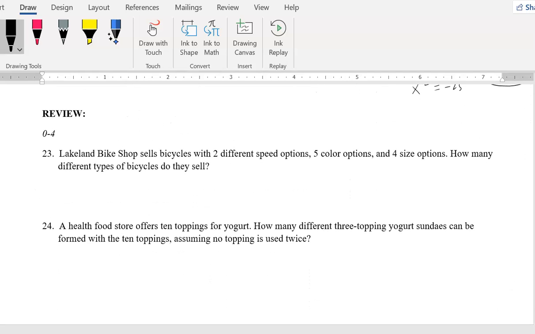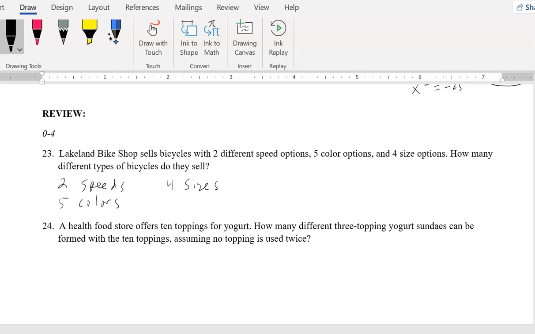The review of section 04, we're interested in knowing if you understand how to use the fundamental counting principle. So that's on number 23. A bike shop sells bicycles that have 2 different speeds, 5 colors, and 4 sizes.